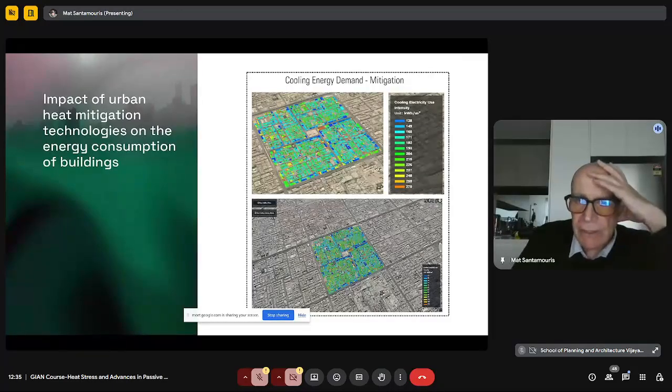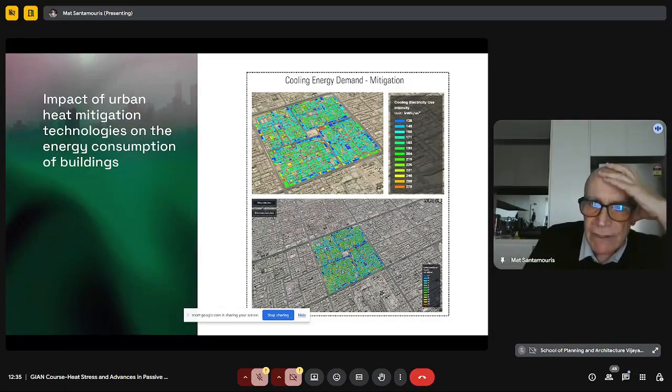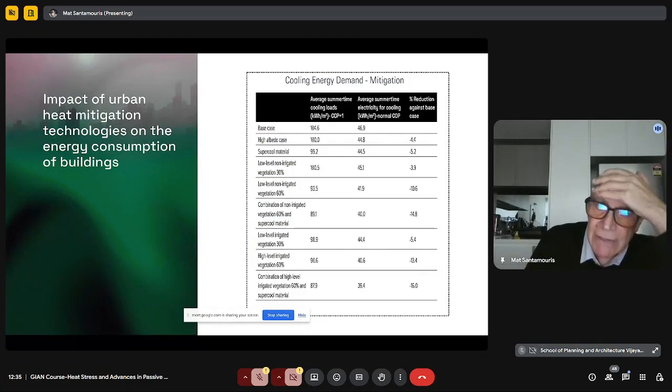So we knew for each one of these buildings the energy consumption under the reference conditions, and we compared against the real data and under the different mitigation conditions. So on average, the combination of irrigated greenery together with supercool materials may decrease the energy consumption in Riyadh by 16%.